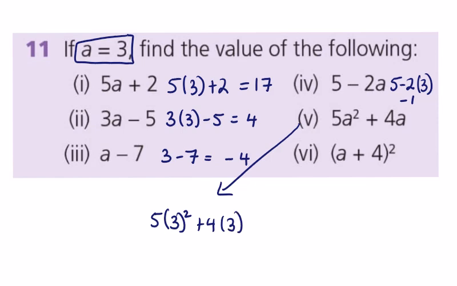Your calculator will do it for you, but 5 9s are 45. 3 squared is 9. 45 plus 12 is 57. And then finally, if we put 3 inside here, we're going to get 3 plus 4 to be squared, which you can type directly into your calculator. It is 7 squared, which you all know 7 7s are 49.